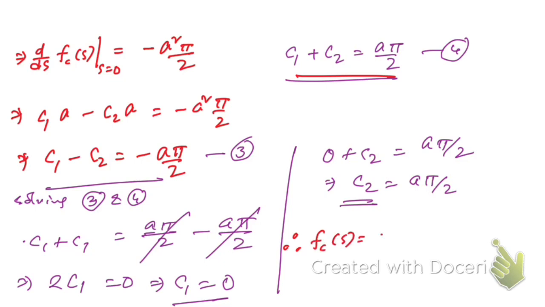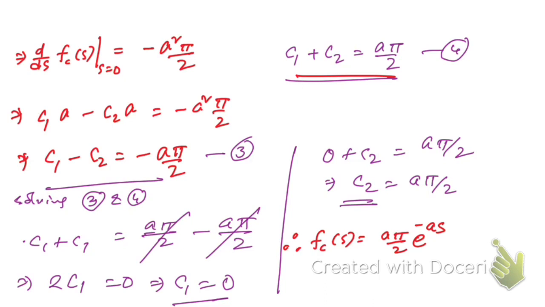So c1 we have got 0 into e to the power as, then plus a pi by 2 e to the power as. Actually there should be a minus, I think this is positive, here minus. Okay, we should get that one, right? So this part is 0, so if we don't write it, there is also no problem, we can write simply this way. So this is what we have got, right?